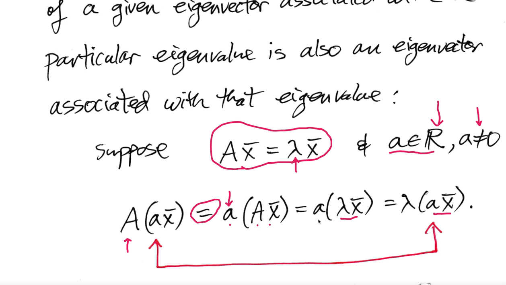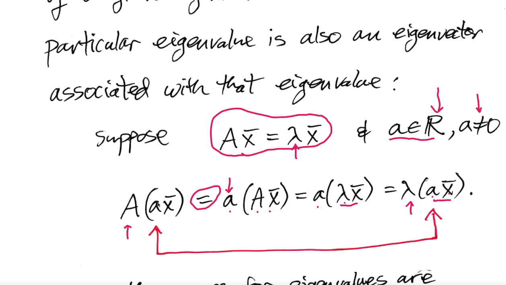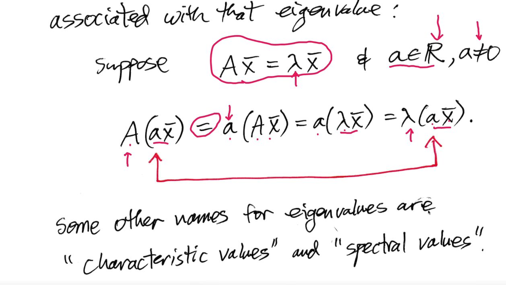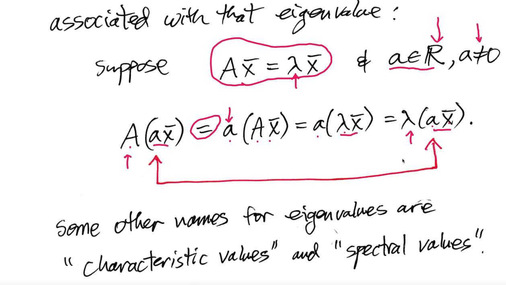So I'm going little a times lambda x bar, lambda being a scalar, a being a scalar. But I've got commutativity and associativity with the scalar multiples here, so this is lambda times a x bar. Now look at the first and the last: cap A times a x bar is lambda times a x bar. So this means a x bar is also an eigenvector associated with that eigenvalue lambda.